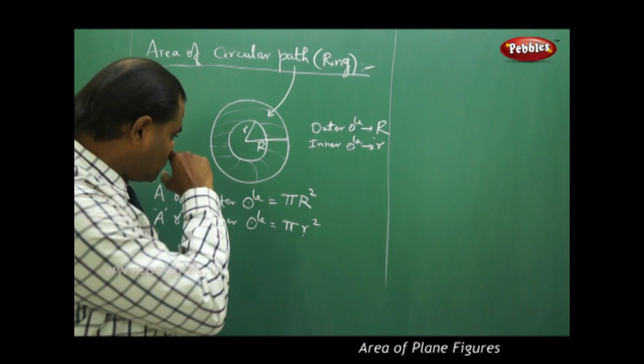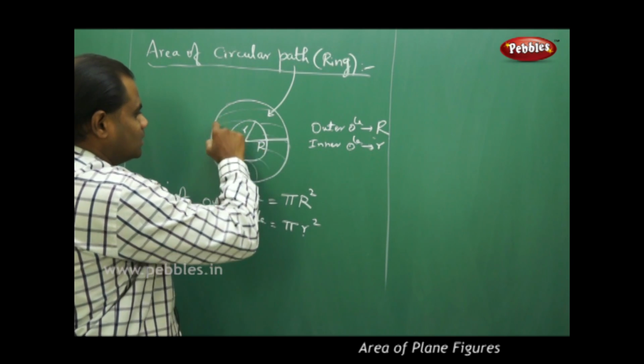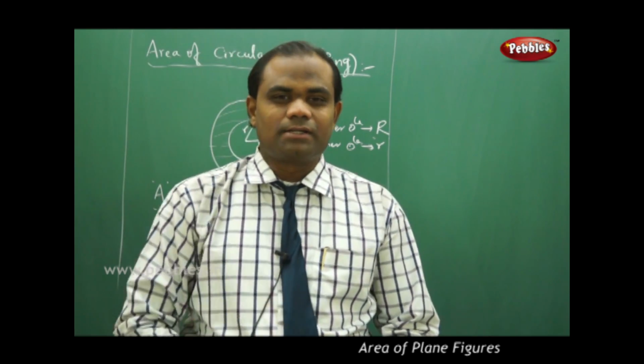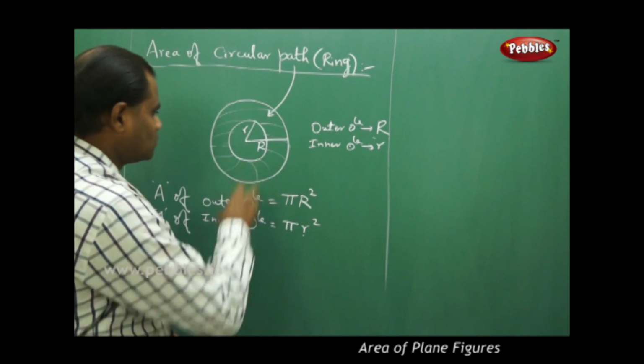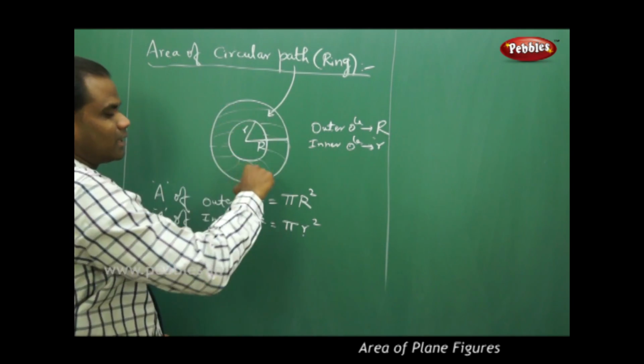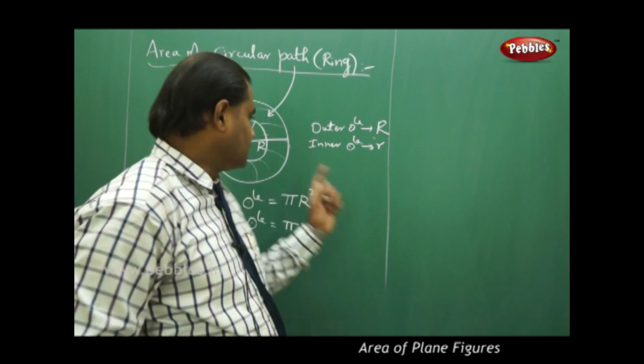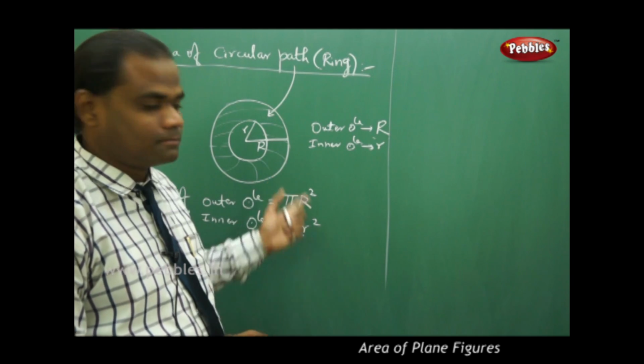Now, as I know the area of the outer circle and the area of the inner circle, the area of the shaded region is obtained by subtracting the area of the inner circle from the outer circle. If I remove the inner circle from the outer circle, then I get only the shaded region, or the rim or the ring of the region which is shaded out here.